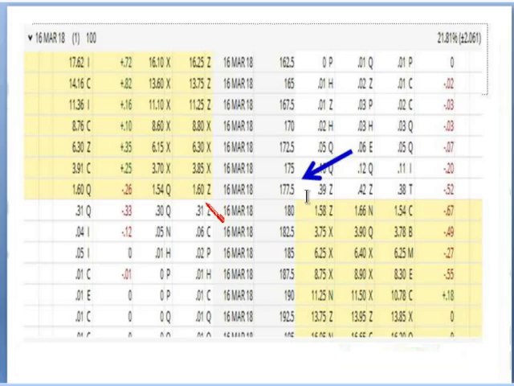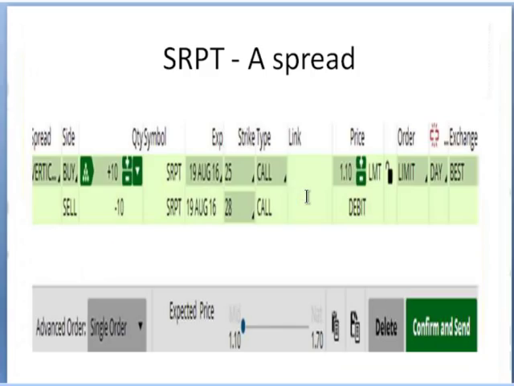So that becomes a part of your own education, or you can set up a spread. This is where you might take a look at a spread on a stock where you're buying the 25s and you're selling the 28s for $1.10. That means if it moves up to the $28 level, your $1.10 has now moved to $3.